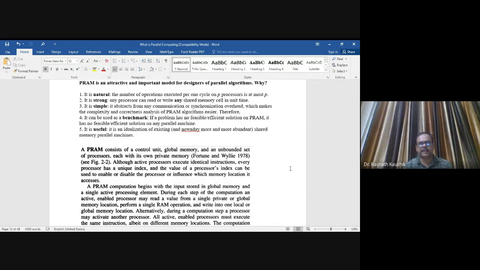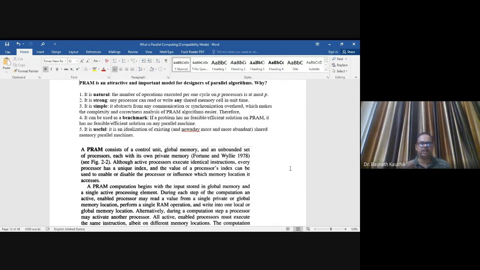Any processor can read or write any shared memory cell in unit time. That's why it is strong. It is simple. It abstracts from communication or synchronization overhead. So it handles all kinds of synchronization with other processors, as well as the overhead involved in reading or writing the data. That's why it is powerful and simple.